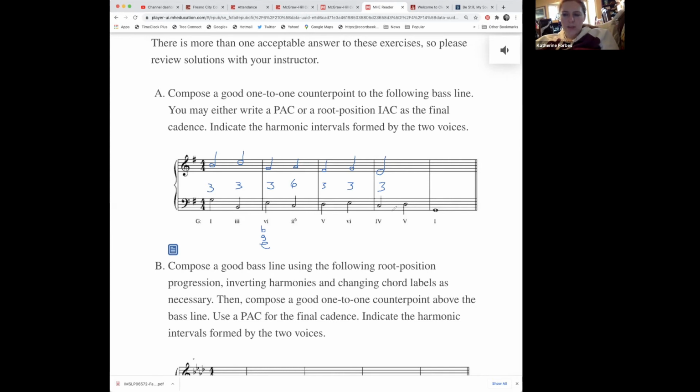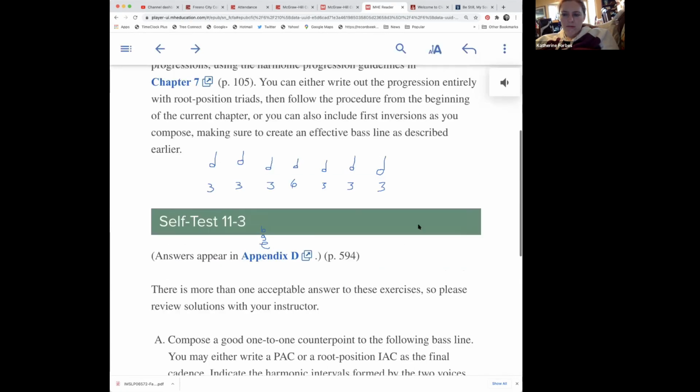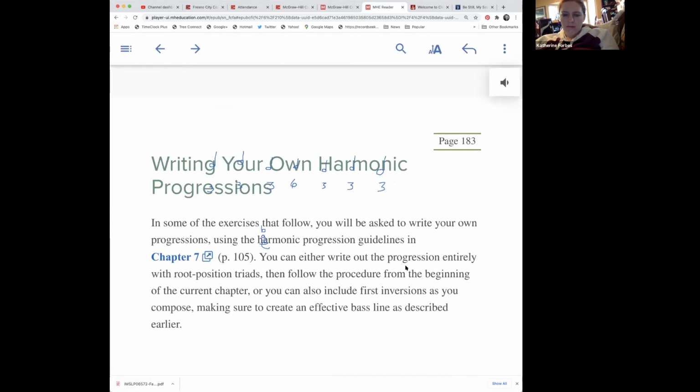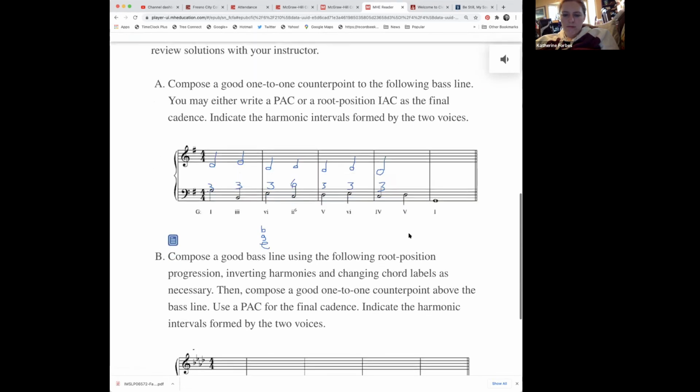Is that the only time when parallel motion is discouraged? Oh, it's in the other section.